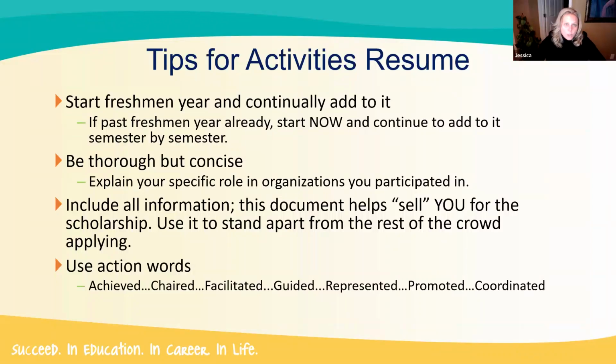Try to use action words as much as possible. So instead of, I did this, I participated in this, use achieved, chaired, facilitated, represented, promoted, coordinated. Those words sound so much better than participated in, I went out for, I did. You know, use those action words when you can in your activities resume.